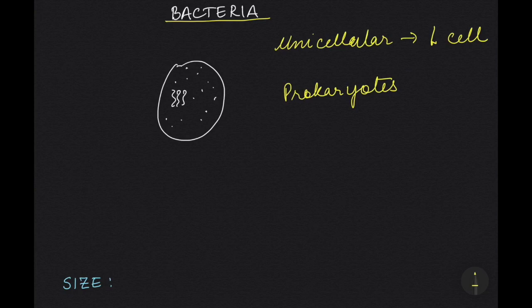Because their nucleus does not have a nuclear membrane. Bacteria are the most primitive unicellular organisms. Each bacterial cell contains a single chromosome. This is the single chromosome or the nuclear material, which is not enclosed inside a nuclear membrane.